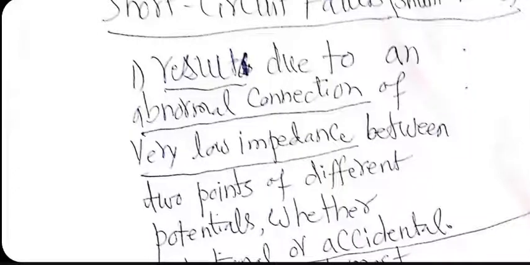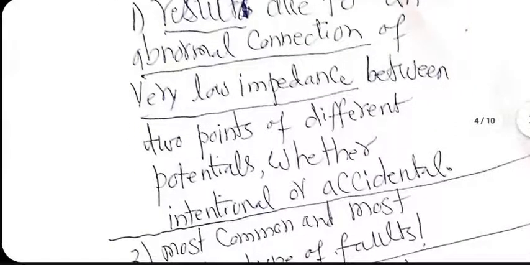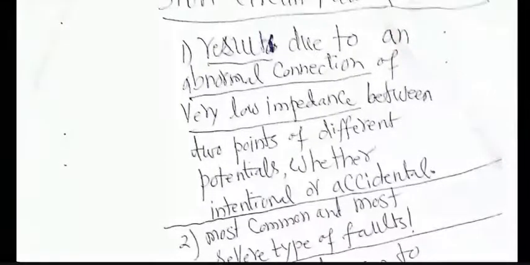It can be a very small impedance connection between two points of different potentials. So that will be almost a short circuit. Whether intentional or accidental, that's also to be kept in mind. It may not be intentional all the time. It may be an accident.